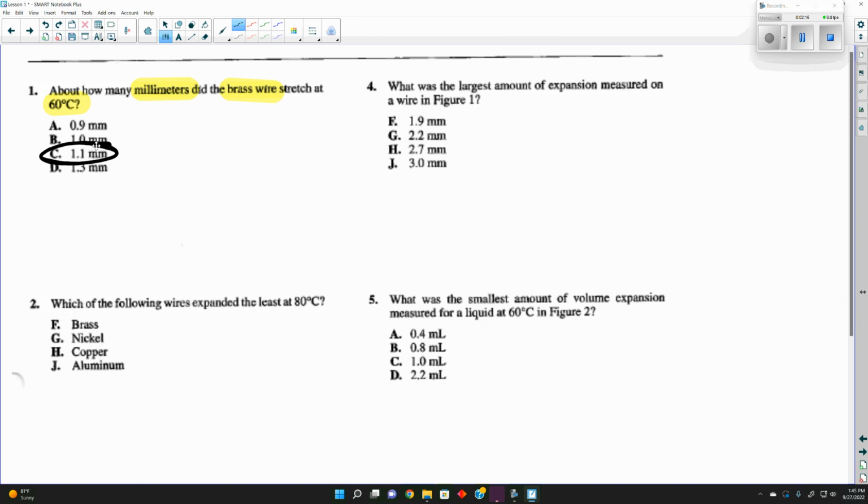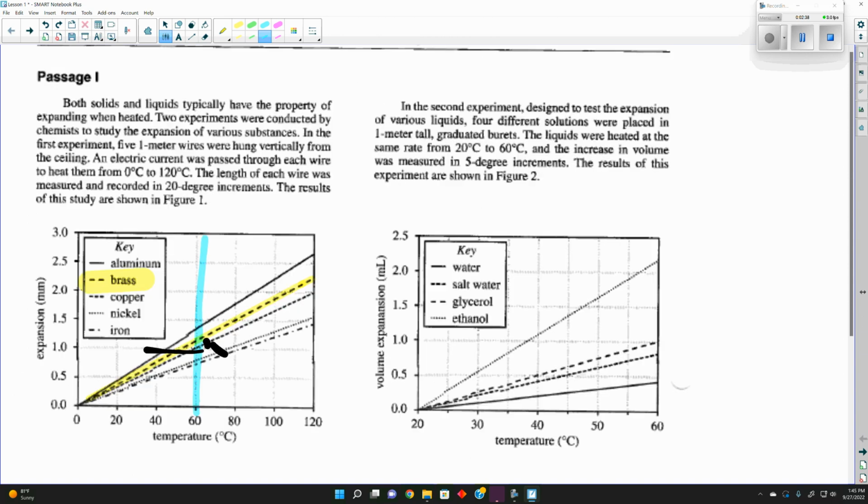Now let's look at the second one. Which of the following wires expanded the least at 80 degrees Celsius? So what are our key terms? Expanded the least at 80 degrees Celsius, yes? And what are we looking for? Brass, nickel, copper, and aluminum. So we're still looking back at this first one here.